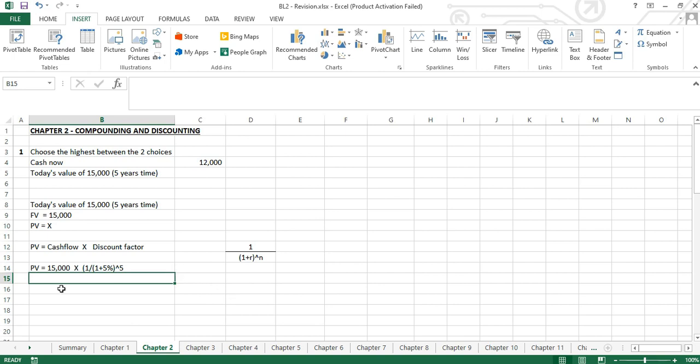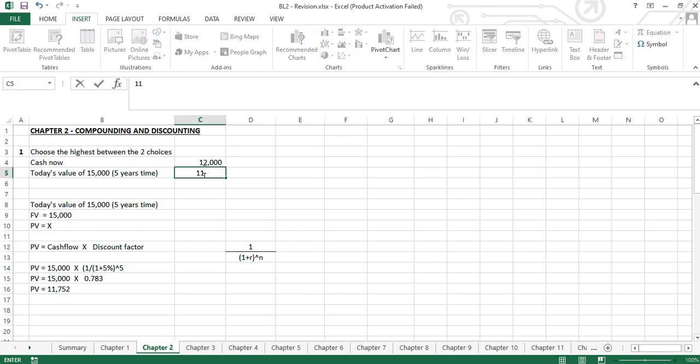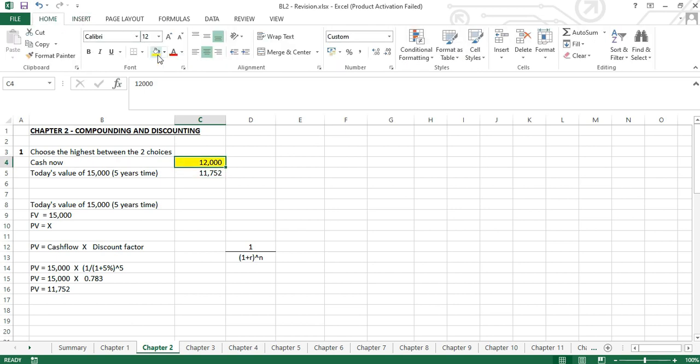If you calculate, your discount factor will be 0.783, so 15,000 multiplied by 0.783 gives an answer of 11,752. Now, which one gives the higher value? It is clearly the cash received now, which is 12,000.